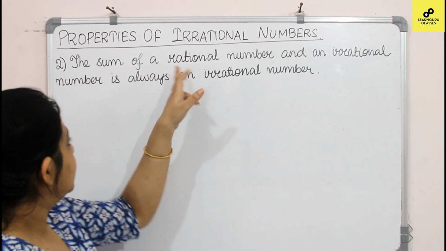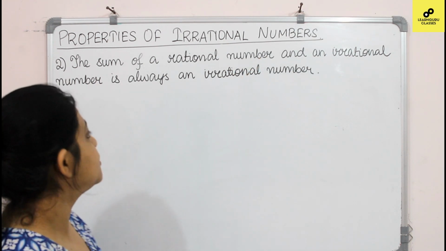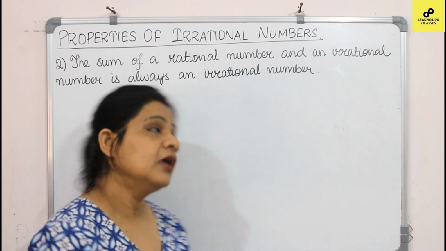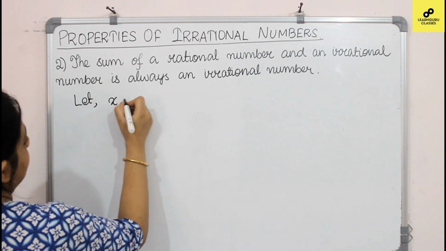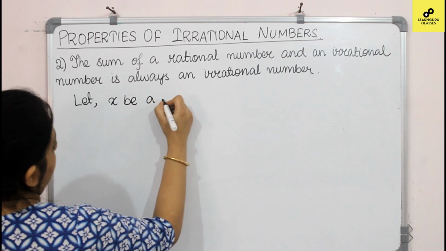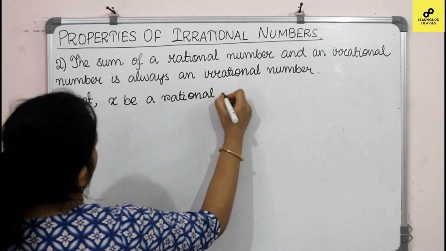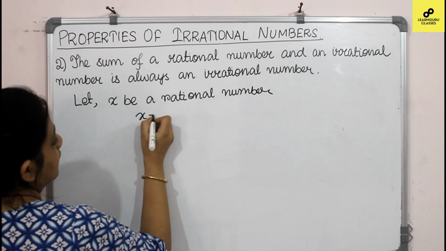The second statement is: the sum of a rational number and an irrational number is always an irrational number. Let x be a rational number and let us take x equal to 3.